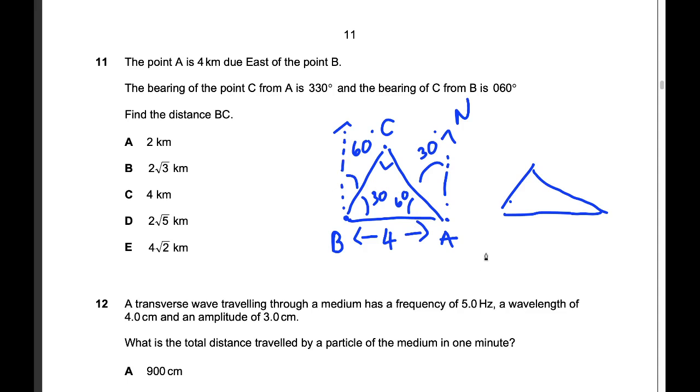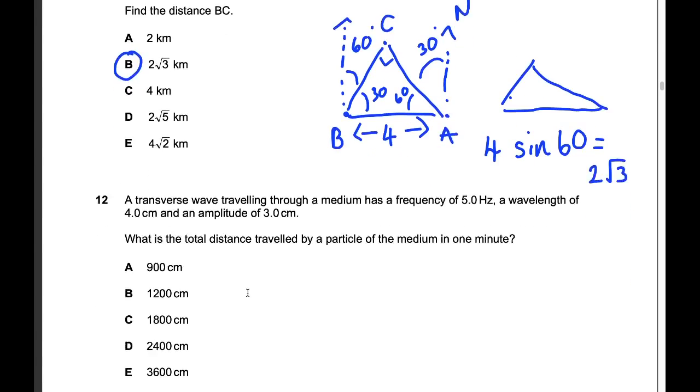Sine theta equals opposite over hypotenuse, so it's going to be 4 sine 60. You're expected to know sine 60, sine 30, sine 45, and cos and tan, all of them. So sine 60 is root 3 over 2. So 4 times root 3 over 2 is going to be 2 root 3. And that is option B.